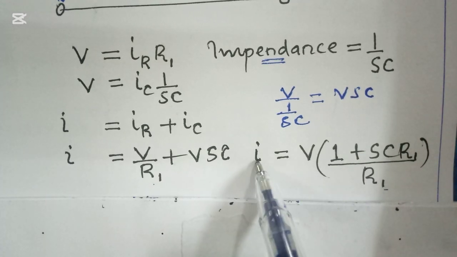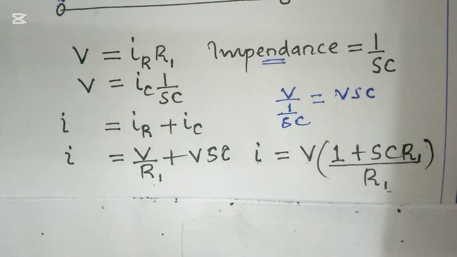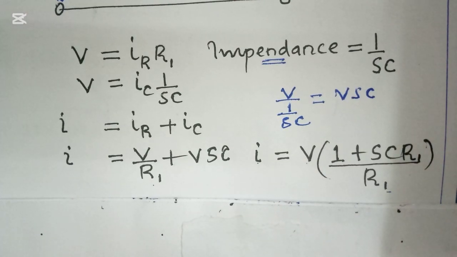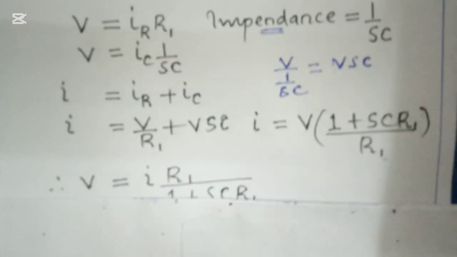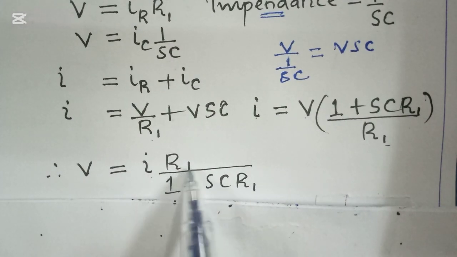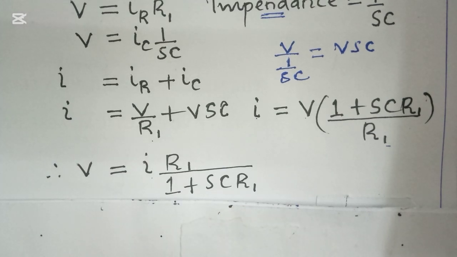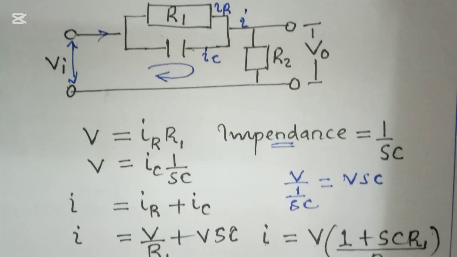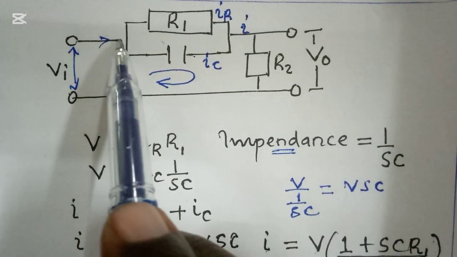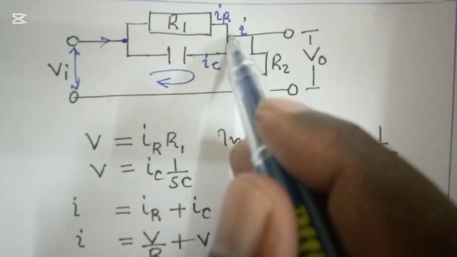So I equals V times that. From there we write V equals I R1 over R1 plus SC R1, that is for V. This is the voltage across this point and this point.